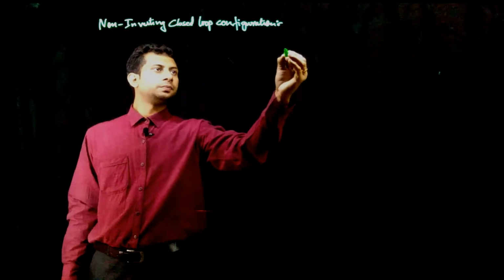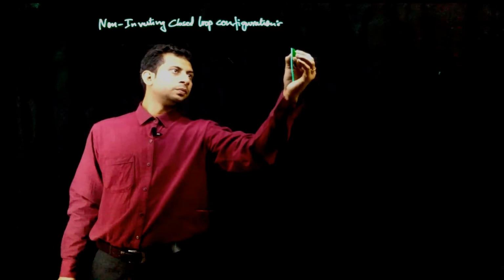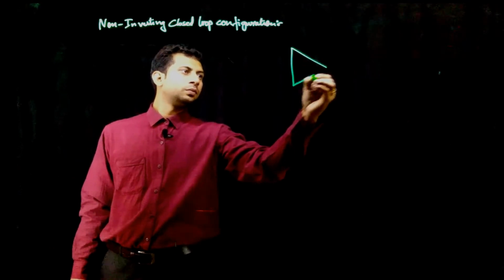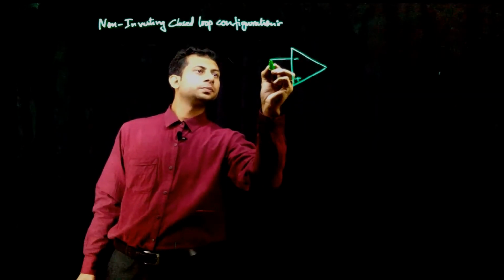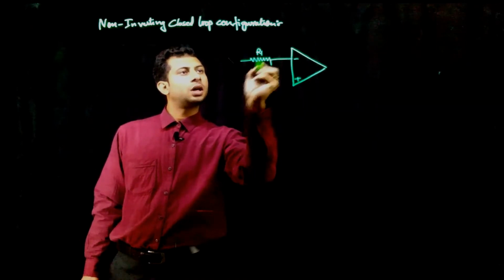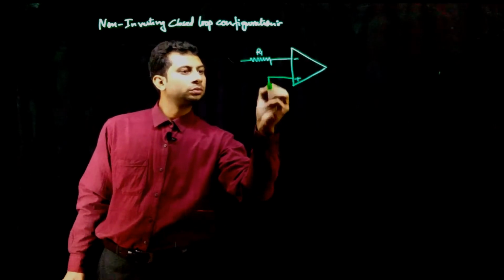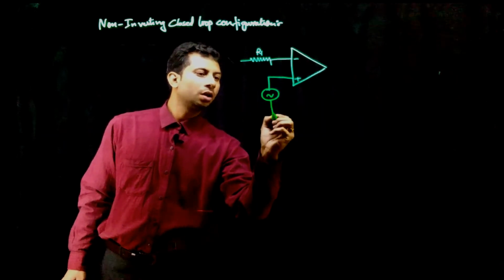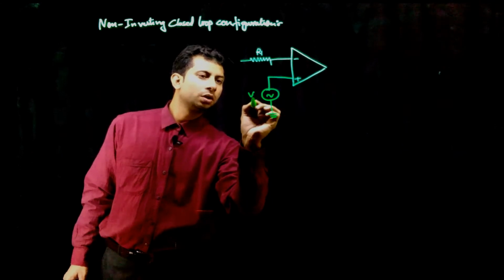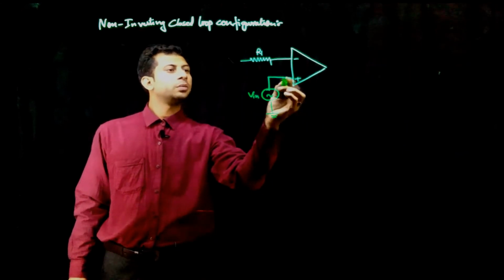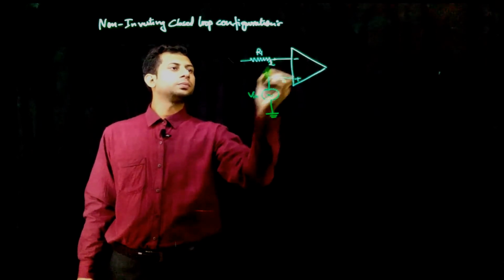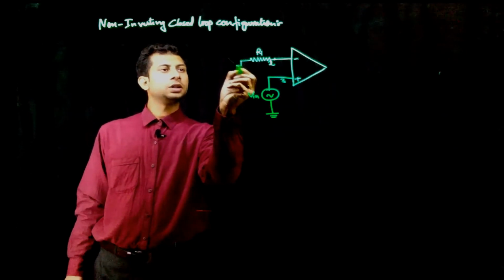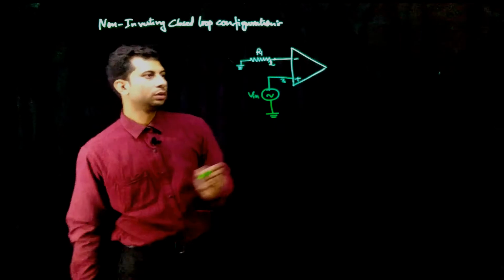We have plus minus terminal. We have this R1. Now we give the input to the pin number 3, and this is pin number 2, and this is connected with ground.